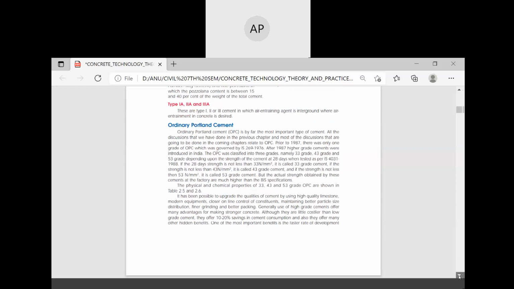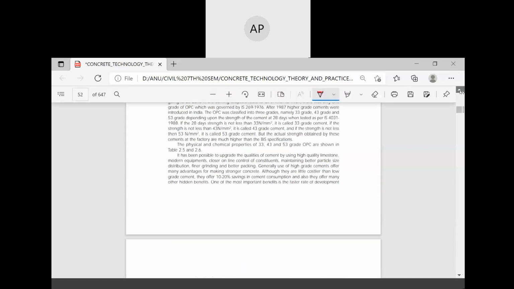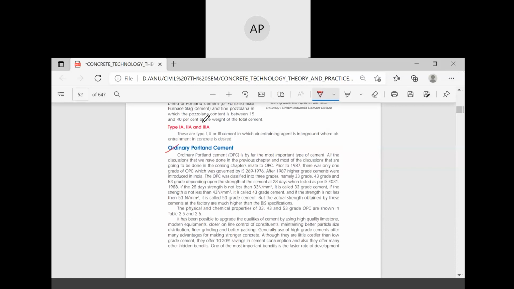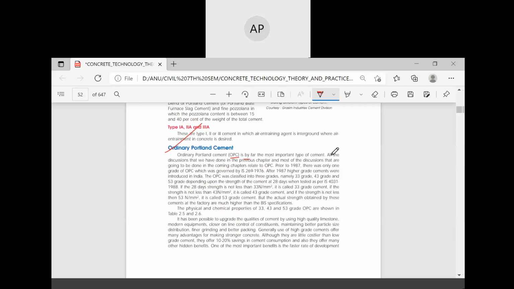And the first one is OPC cement, ordinary Portland cement. In short form, it is called OPC. It is by far the most important type of cement. All the discussion that we have done in the previous chapter was more about OPC cement.